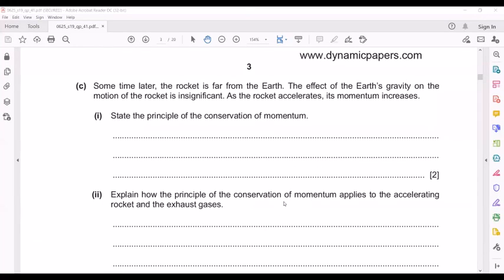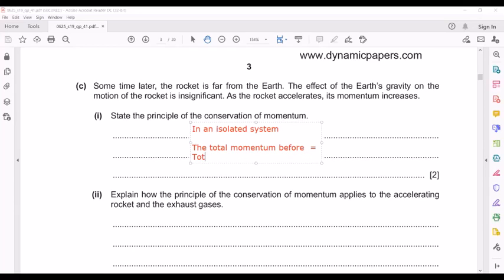It states that in an isolated system, like the system which is not affected by external conditions, the total momentum before collision is equal to the total momentum after the collision.